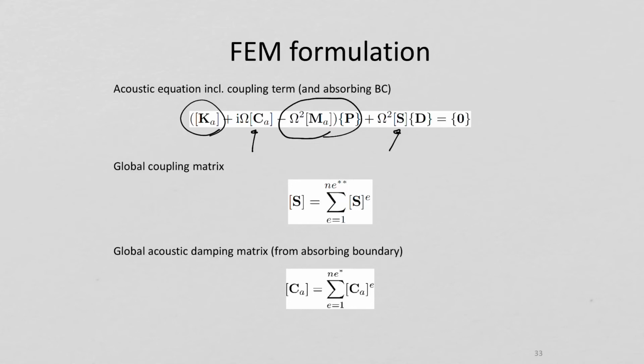And here we have defined the global coupling matrix and the global acoustic damping matrix coming from an absorbing boundary. We might, of course, also have additional damping matrix in the acoustic domain, but this is the one that specifically comes from an absorbing boundary. So an open boundary where waves can sort of radiate out.